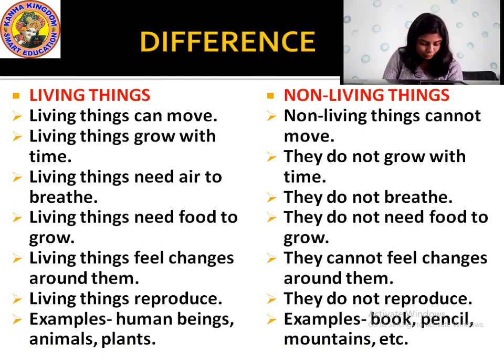So students, turn to page number 64. It is written there, differences between living and non-living things. It is written there, the differences between living and non-living things are summarized in the table below. You can see the table, and it is also written in the slide.